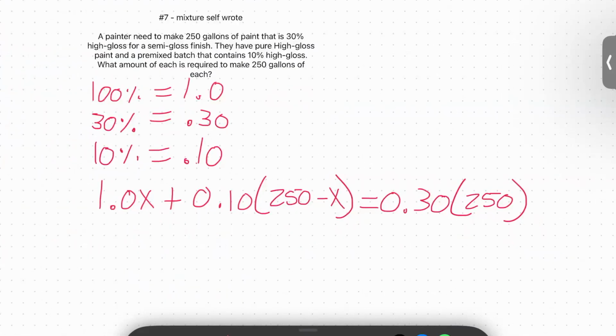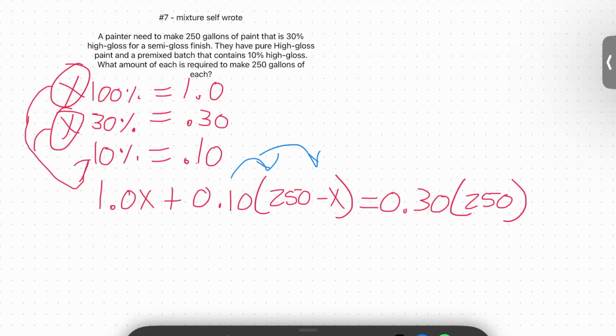So they have this and they have this. How much combined makes this? Okay. So we're going to solve for x, which is going to give us high gloss, right?